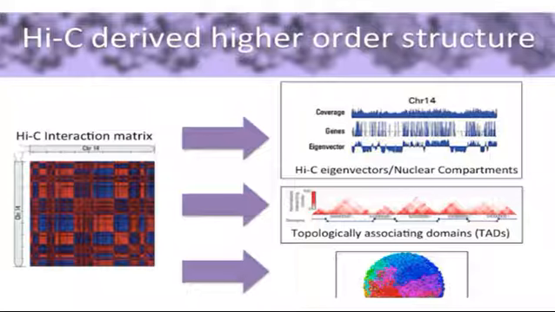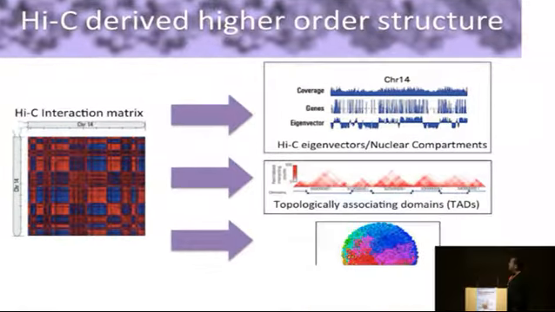And as we traverse chromosomes, we also get self-interacting regions, and these domains of about a megabase in size have been called TADs, that we've already heard about today. And then at a higher level, as we traverse chromosomes, we can define an eigenvector, which is a principal component of the interaction matrix and defines the overall interaction propensities of a region.